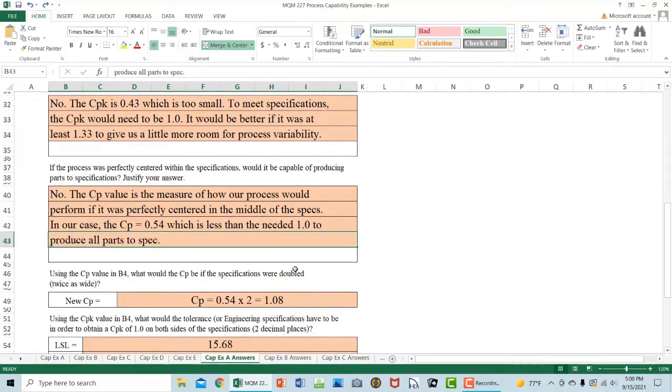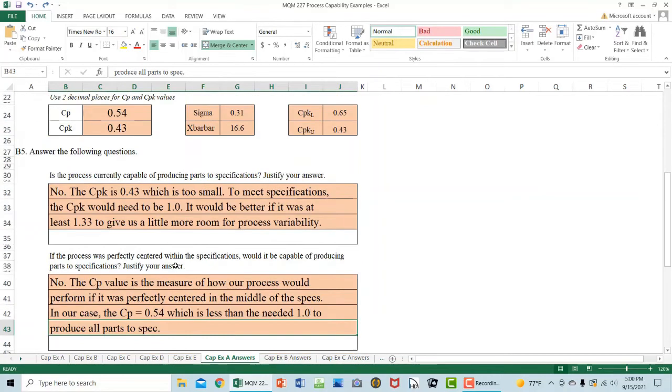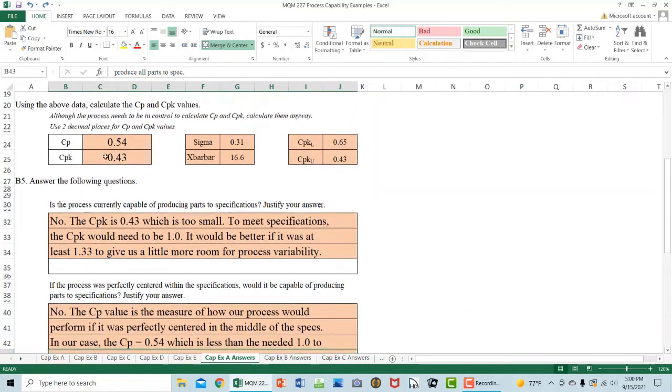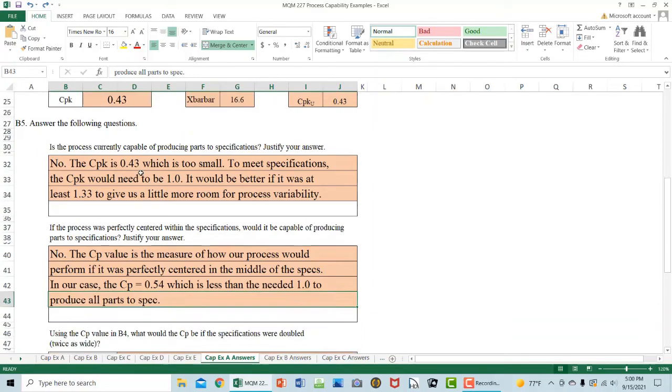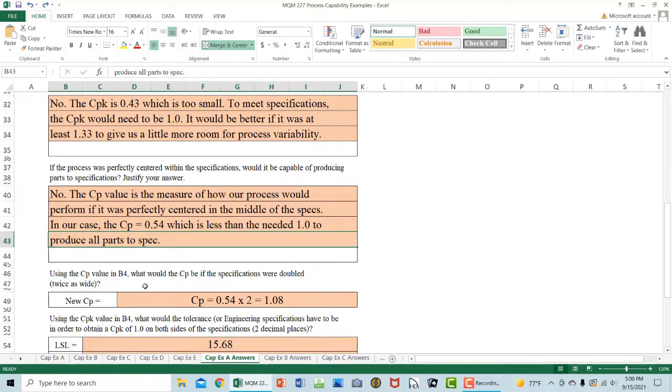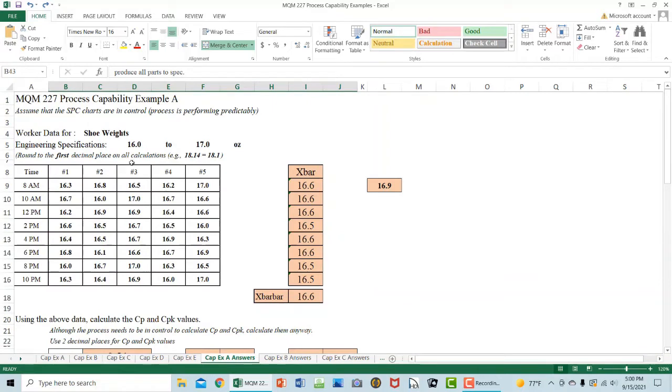And it says using the CP value in B4, which again is 0.54, what would the CP be if the specifications were doubled, twice as wide? Well, if you make it twice as wide, think about going from 16 to 18, that'd be twice as wide, right?